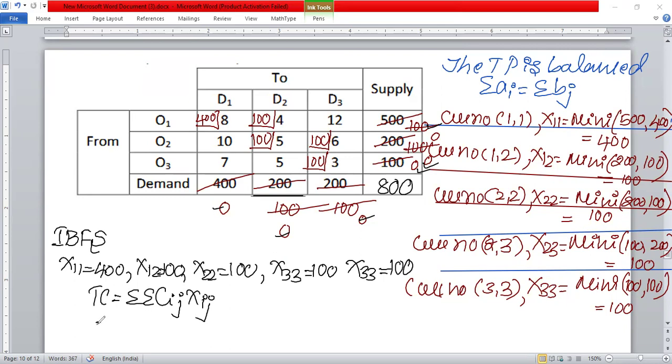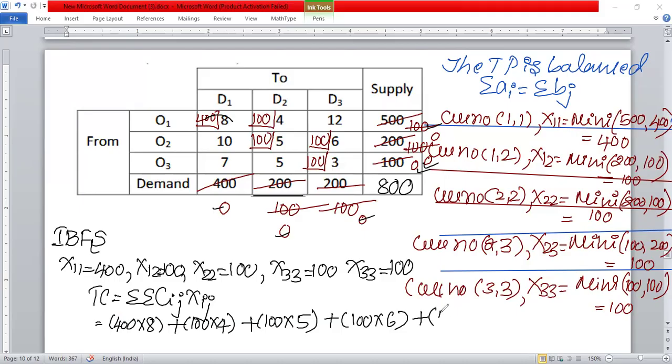So, okay, now 400 into 8. Please tell me the answer. And 100 into 4. Plus, take your time, no problem. Then 100 into 5, plus 100 into 6, plus 100 into 3.